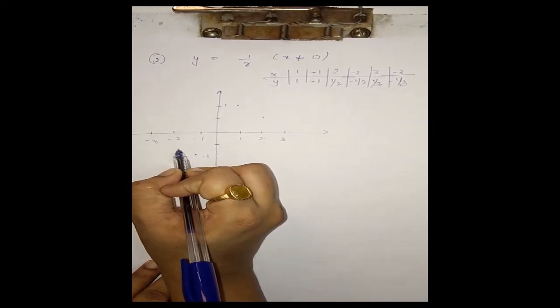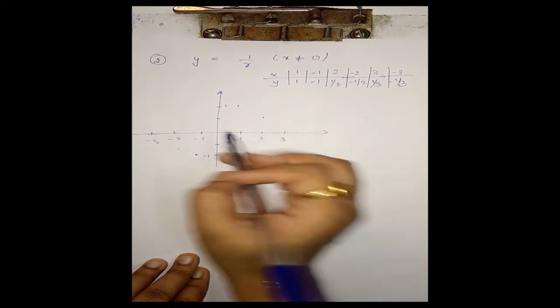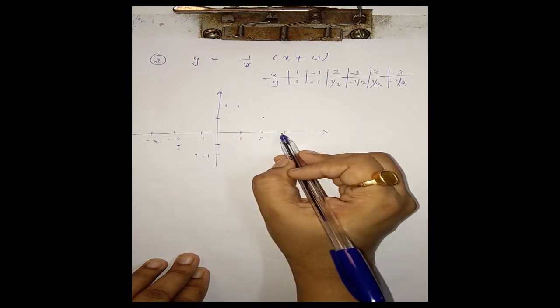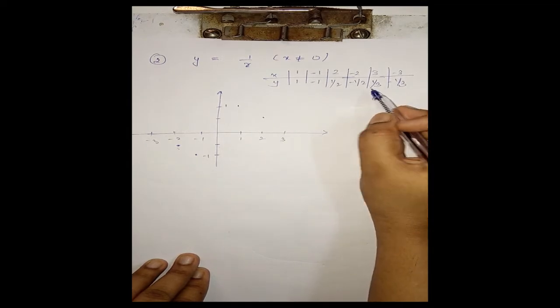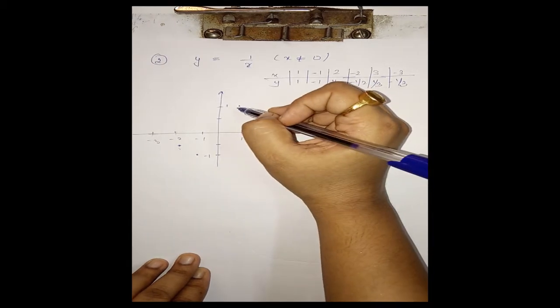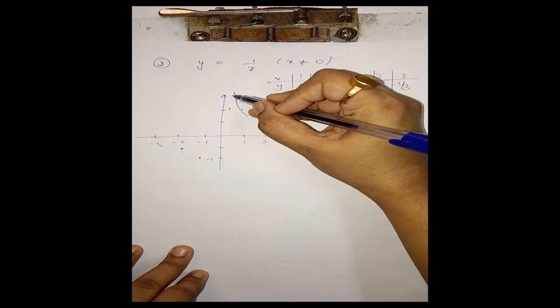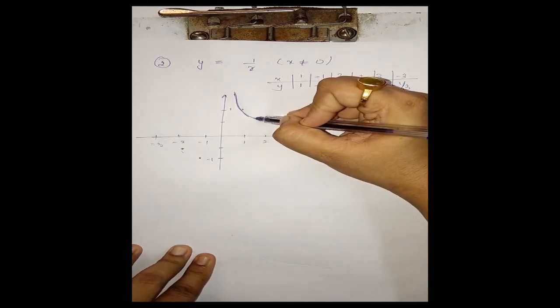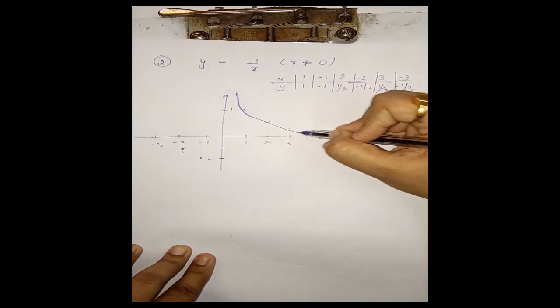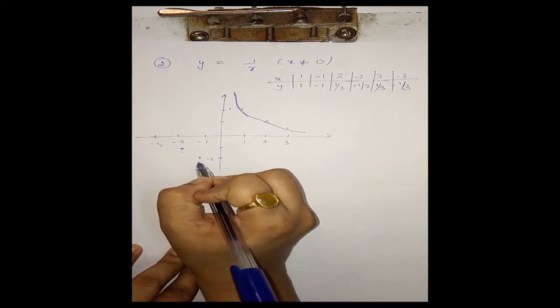At 3, 1 by 3, that is 0.33, somewhere here. When we plot this, the graph will be of this form, and the same here, the graph will be of this form.